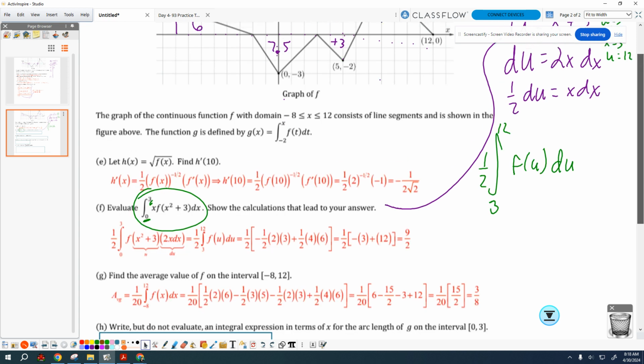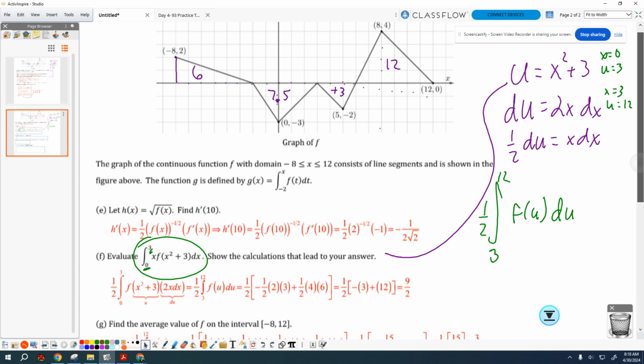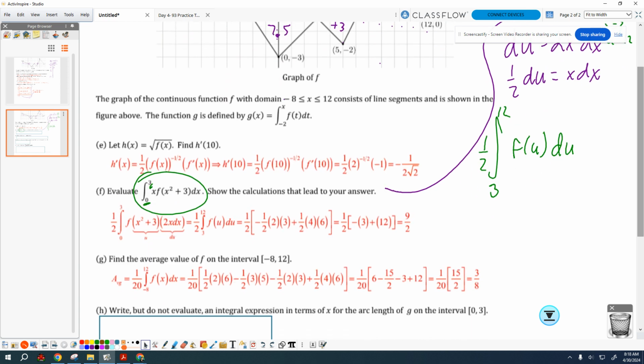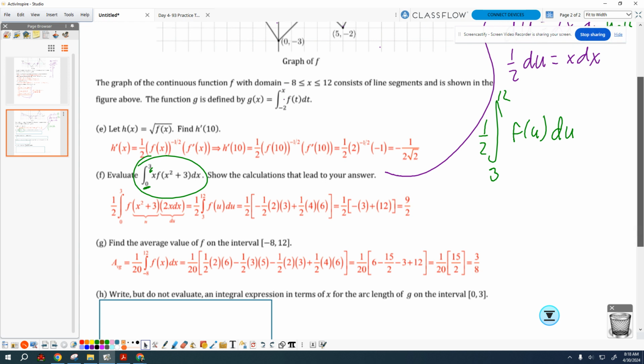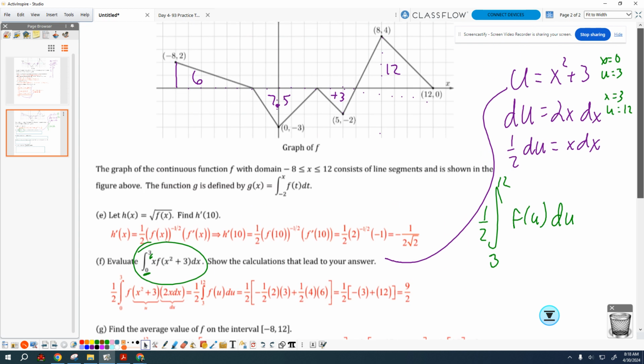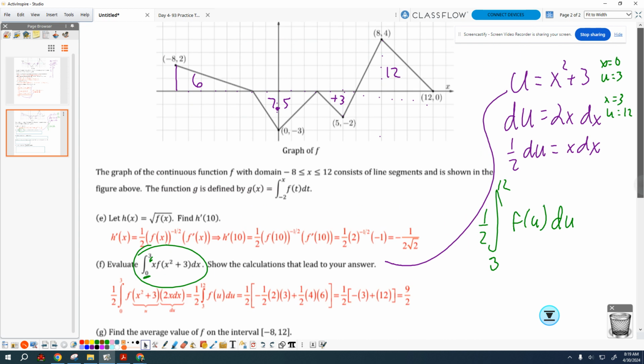Okay, average value versus average. So find the area of all this stuff and divide it by the number of stuffs. Arc length. Arc length of that? I don't know.